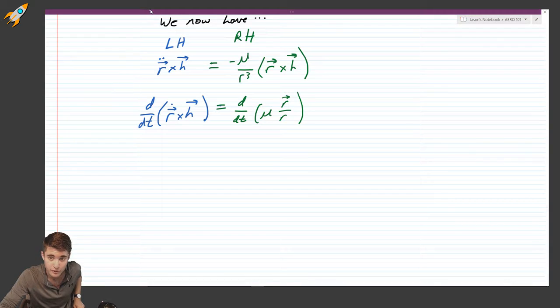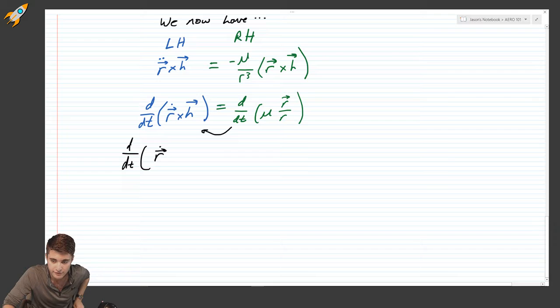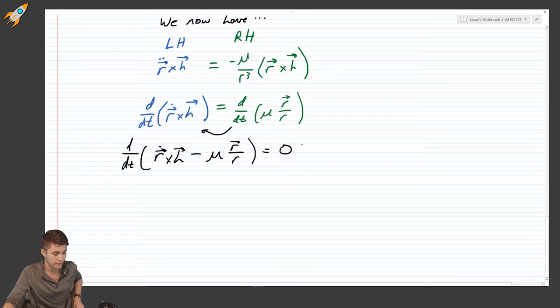We can do something really, really cool, and we can go like this. d over dt, all I'm going to do is move this side of the equation over here and combine the derivatives. So velocity vector crossed with angular momentum vector minus your gravitational parameter multiplied by the vector position over the magnitude of position, that's just equal to 0, okay?